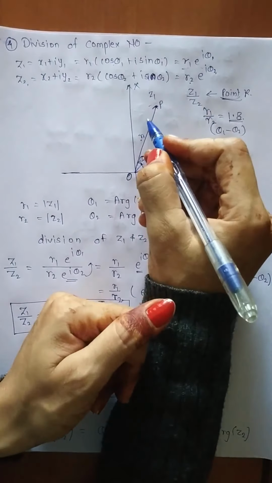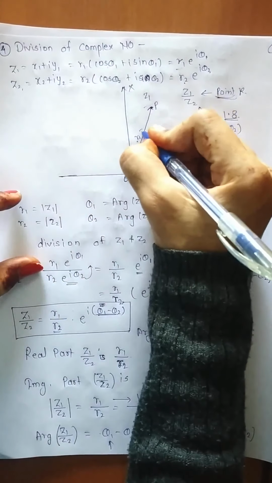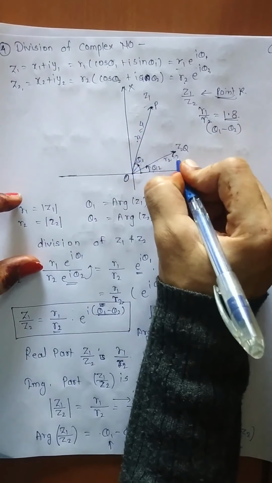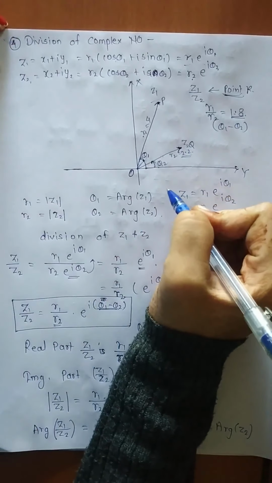Now what was length of OP? We have chosen length of OP as 4 and length of OQ as 2.2. So let me write here 4, and second R2 is what? 2.2. Now our OR is 1.8, means it is less than 2.2, right?